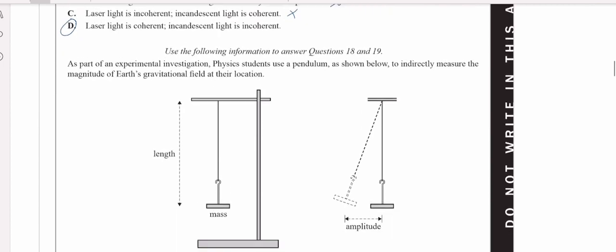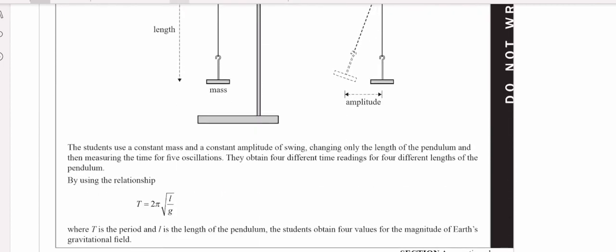Students use a constant mass and constant amplitude of swing, changing only the length, and measuring time.